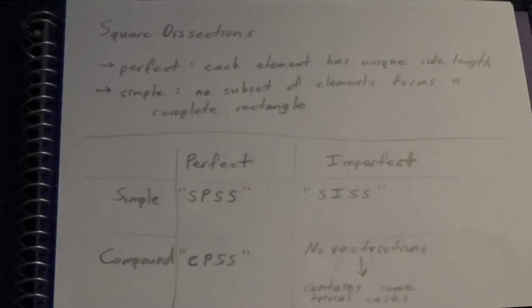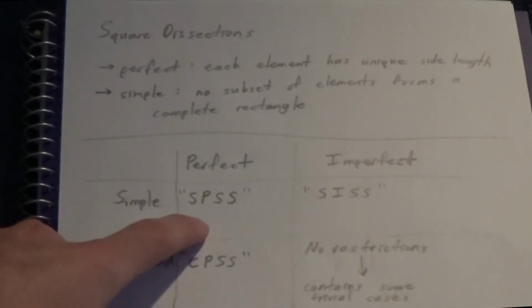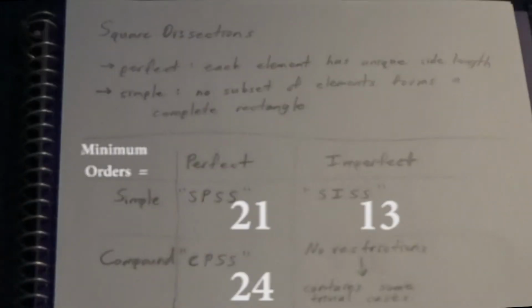But the point is, yes, of course, as long as we specify which kind of dissection we're talking about, there are unique properties, and each of them actually has a unique number that is the minimum order needed. In other words, the minimum number of squares needed to have perfect squares, or simple perfect squared squares, requires a certain number.